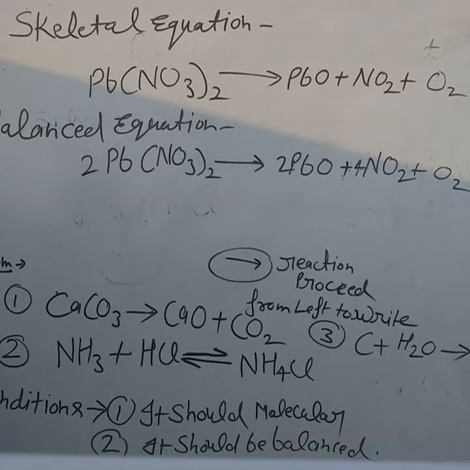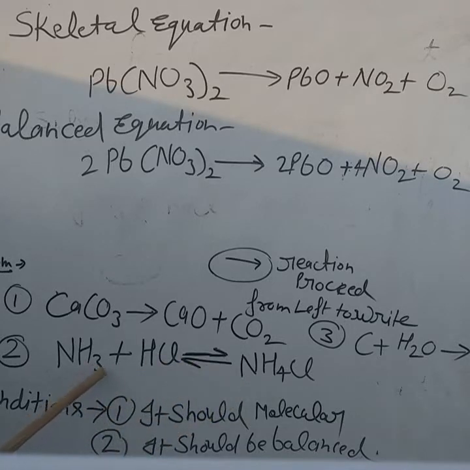So take this reaction: ammonia reacts with hydrogen chloride to give ammonium chloride. In the above equation, the atoms of nitrogen are single on the left hand side and single on the right.